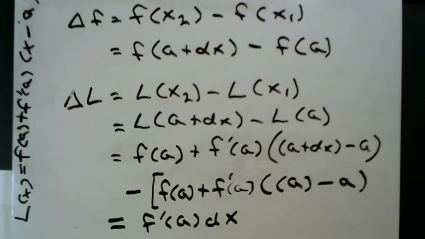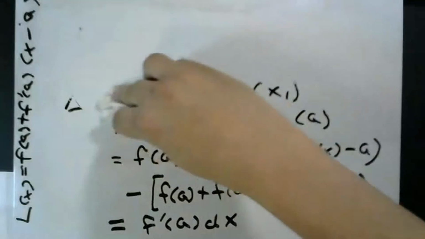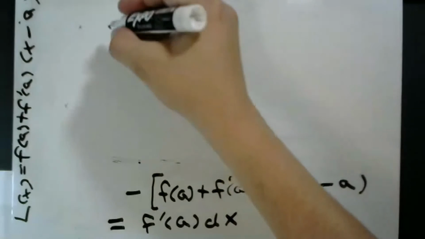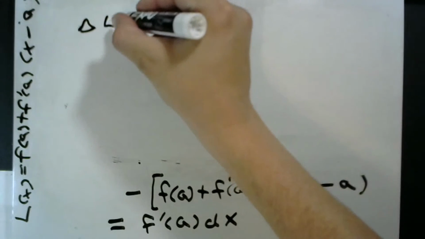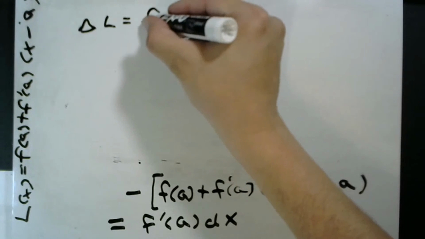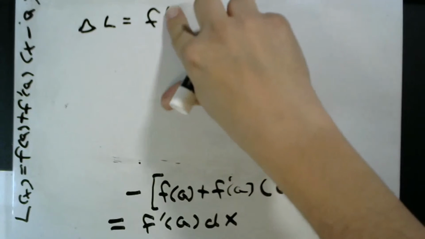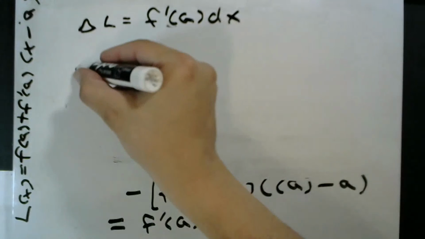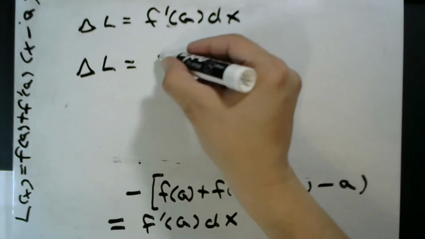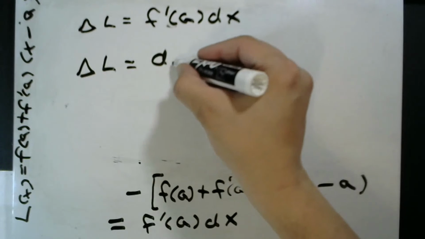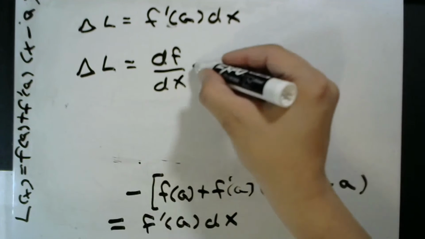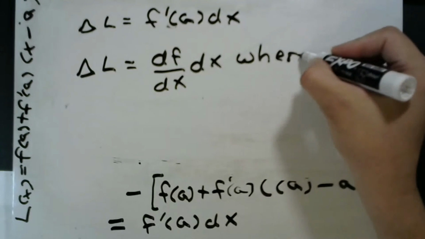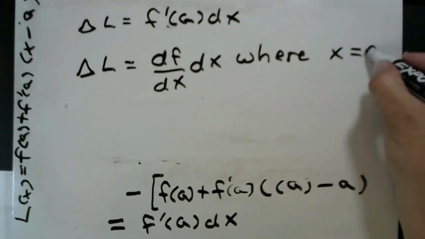So where is this getting us? So delta L is equal to f prime of a dx, or delta L is going to be df dx times dx, where x equals a.